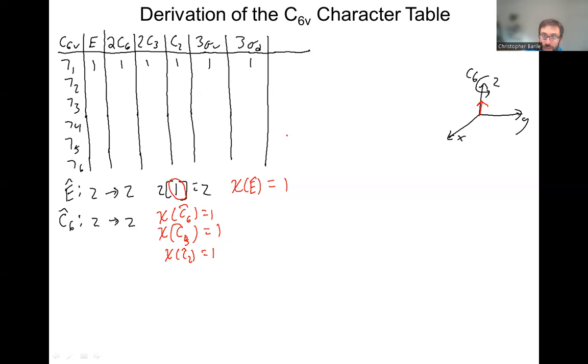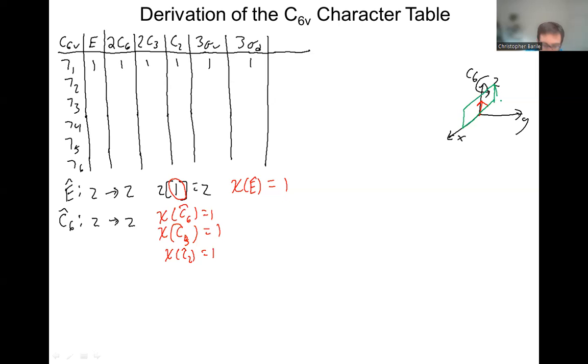So what about the mirror planes now? Well, we have 3 different mirror planes, and we can choose however we want. So let's define one of the sigma v's as going through our x. We can see this vector is in the mirror. Maybe I didn't draw that perfectly, but let me try again with a different color. We define one of our sigma v's as being in the xz plane, right?